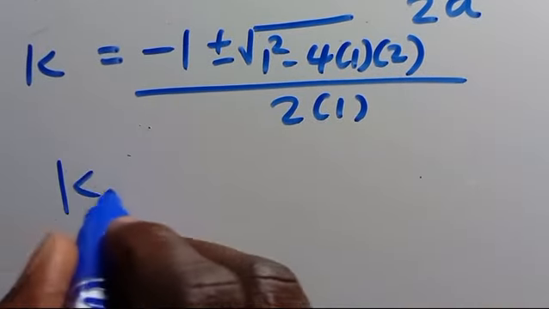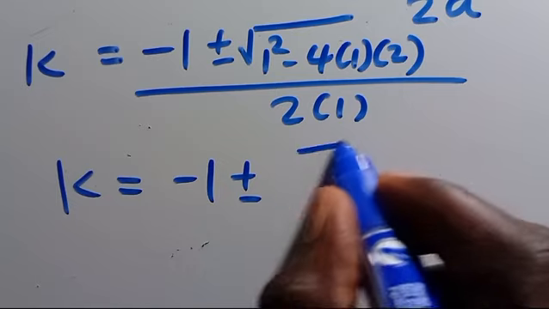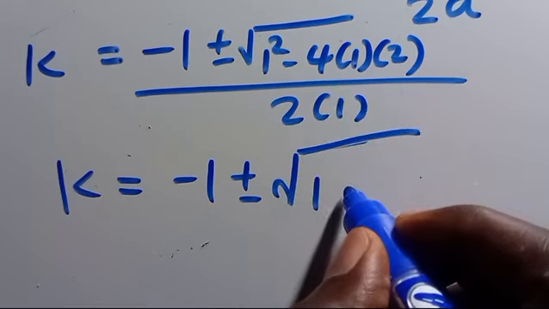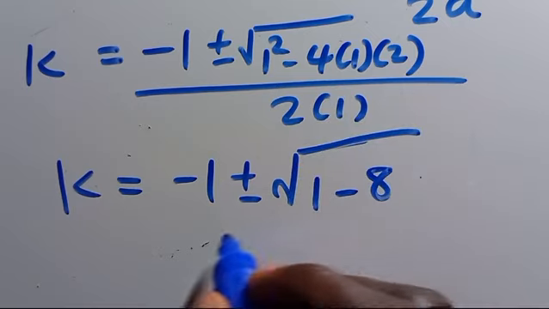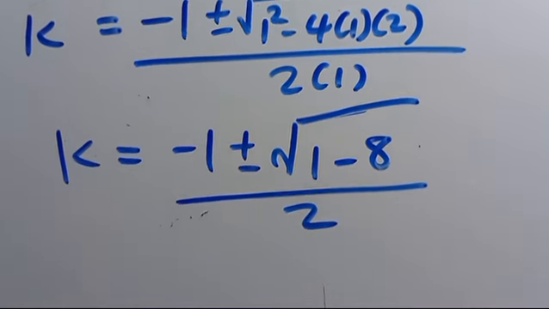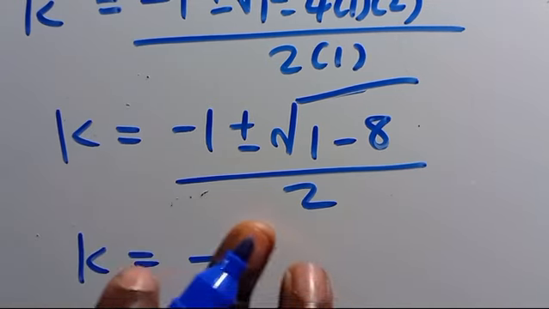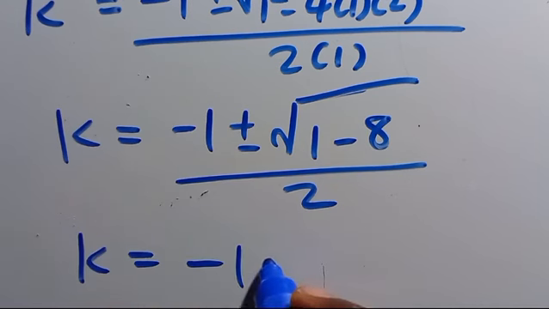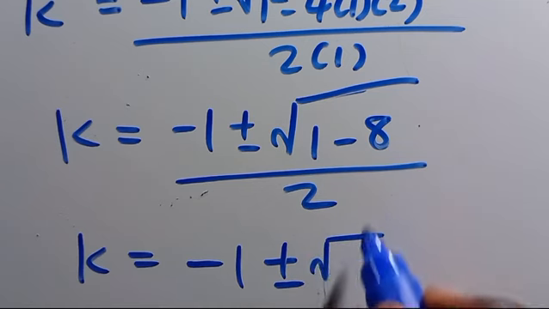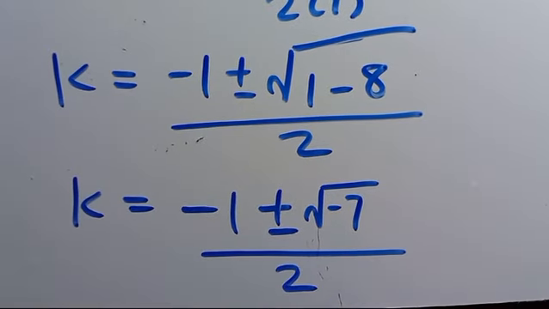So from here we have k equals minus 1, positive or negative, square root of 1 minus 8, which will be minus 7, over 2.